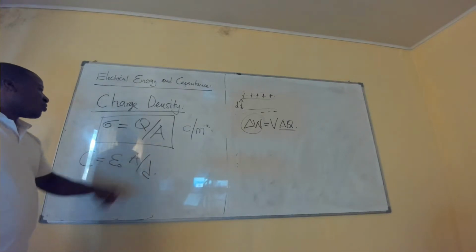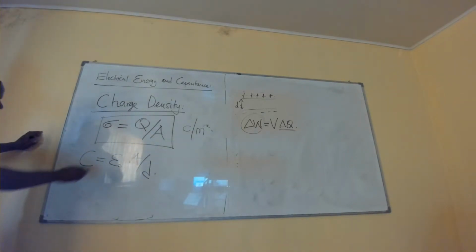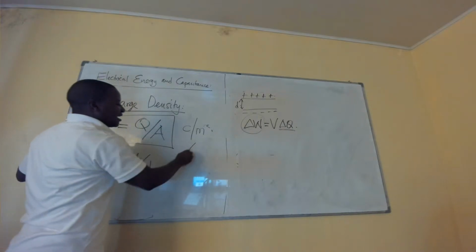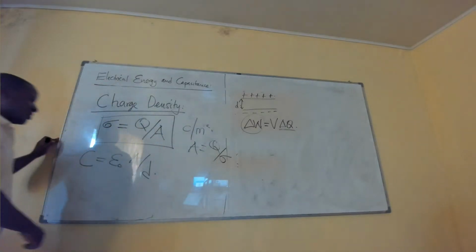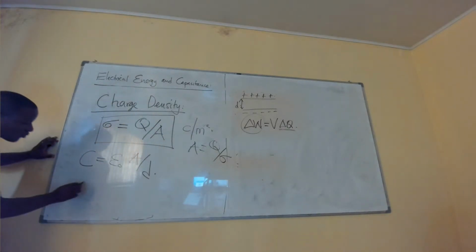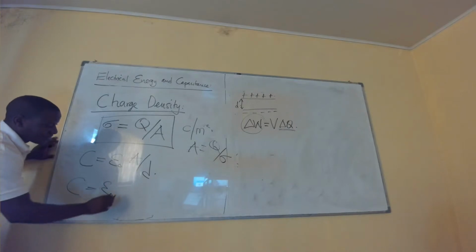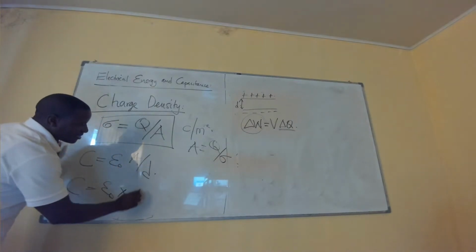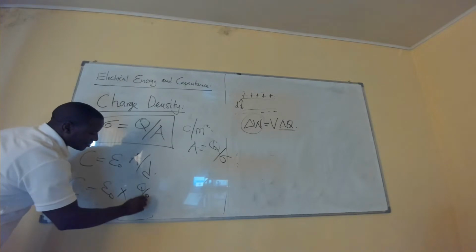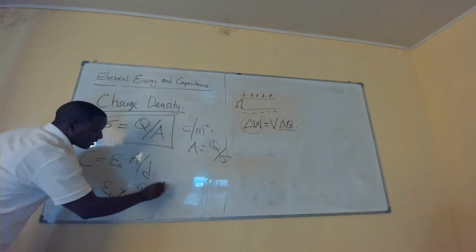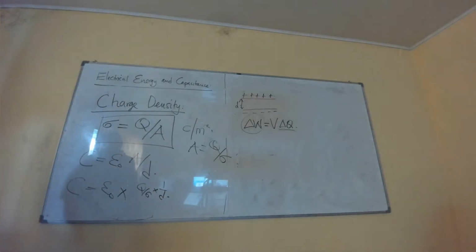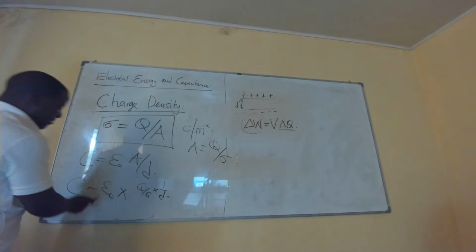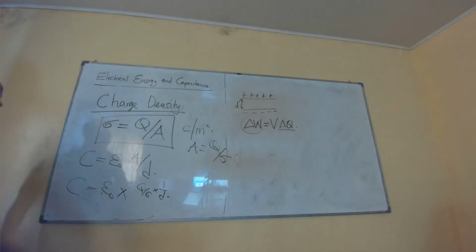So from the charge density, the area must be equal to charge over sigma. That becomes this: we are multiplying by the area, which is charge over sigma, all multiplied by 1 over d.